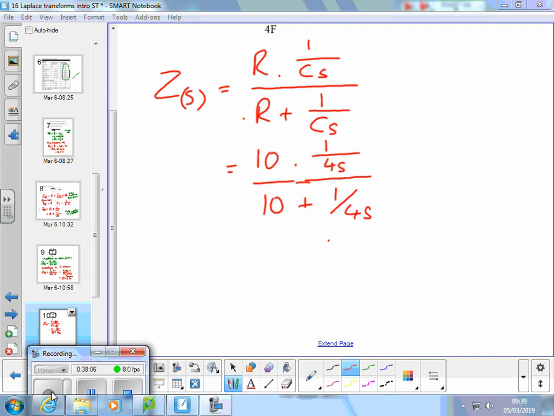So we can write that top bit as 10 over 4s.